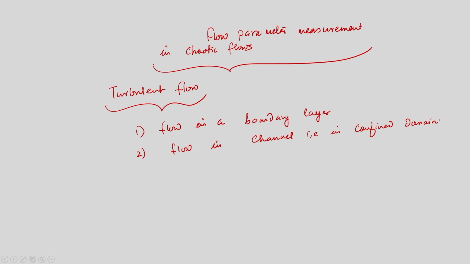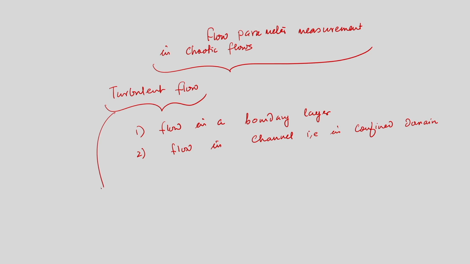If the flow is in a boundary layer, or in a channel, that is in a confined domain, and we are interested in measuring the turbulent flow characteristics, then what are the techniques available?